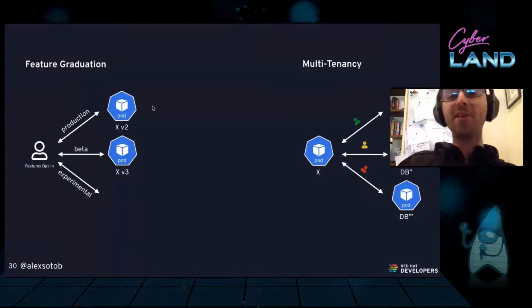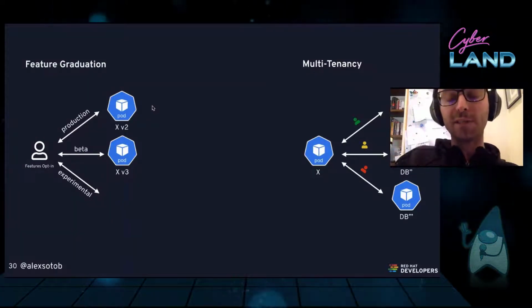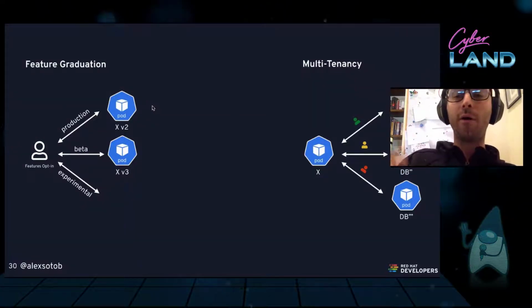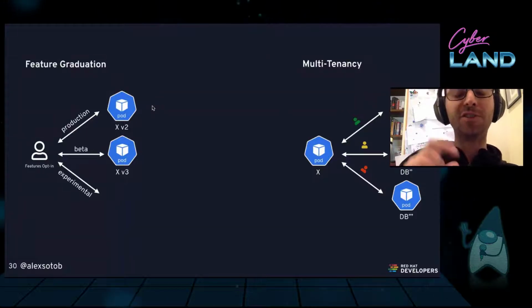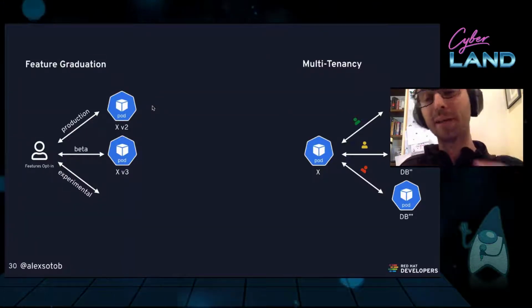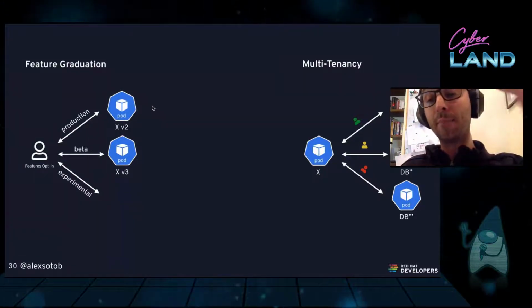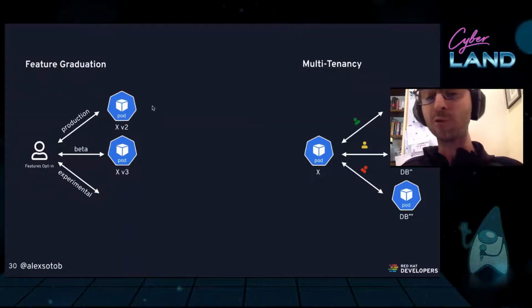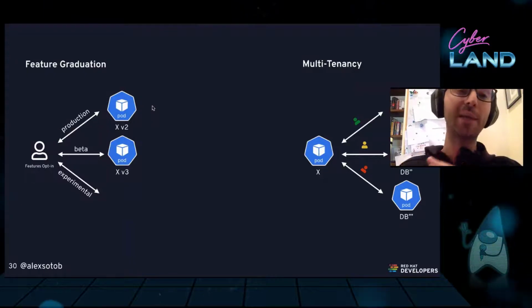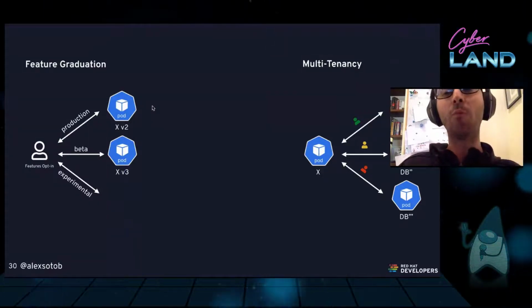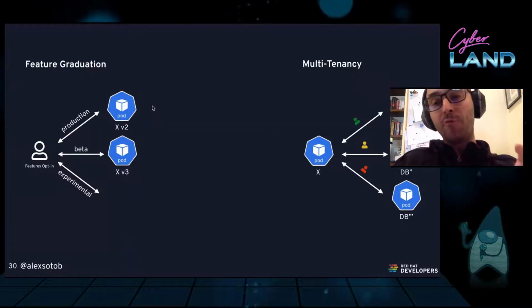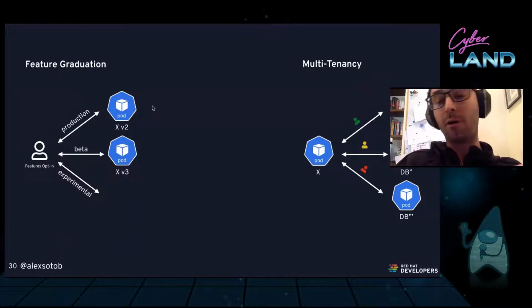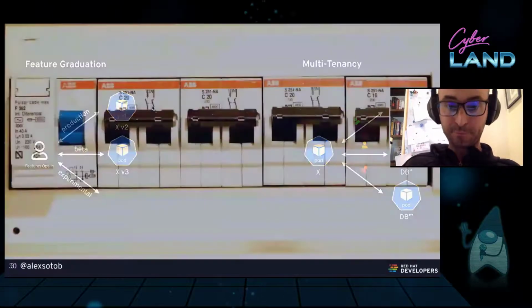So depending on the request, if the request comes from our green customer, then the request is automatically routed to DB1. But if the request comes from the yellow one, then it's automatically rerouted to DB2. So we can implement this kind of multi-tenancy by rerouting traffic depending on our clients.